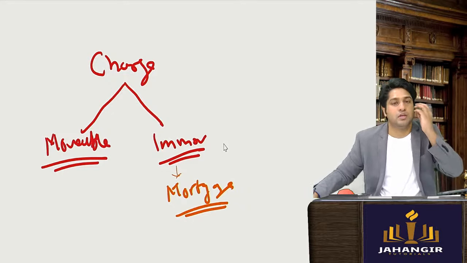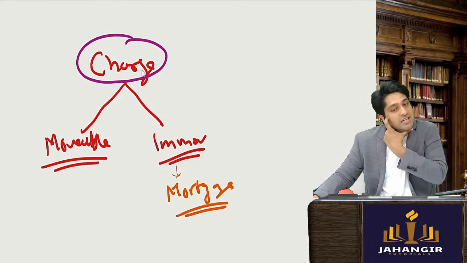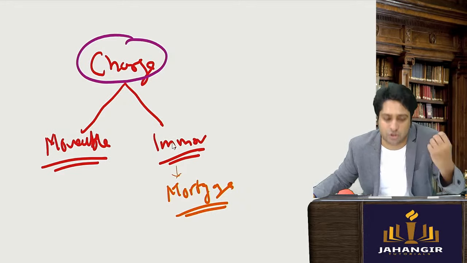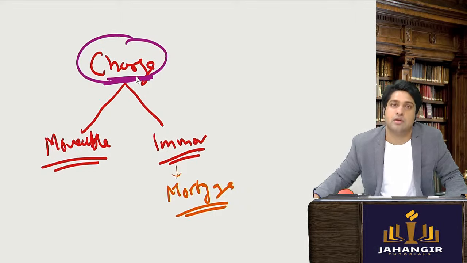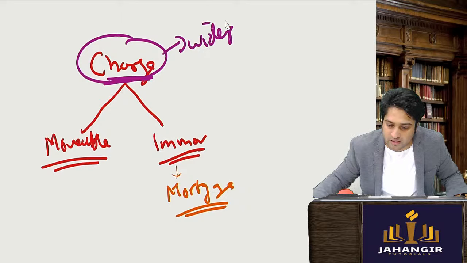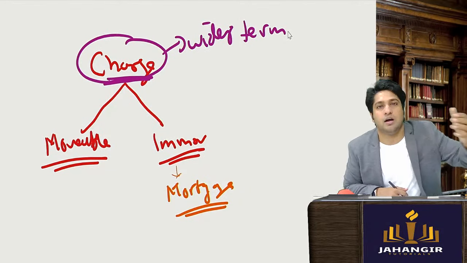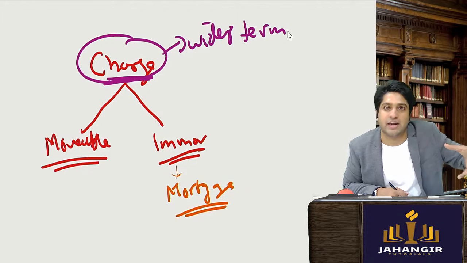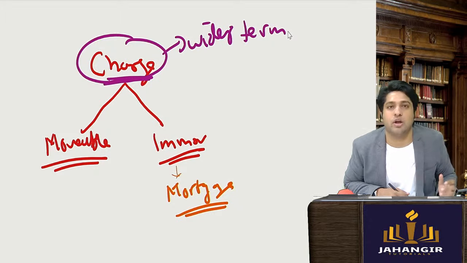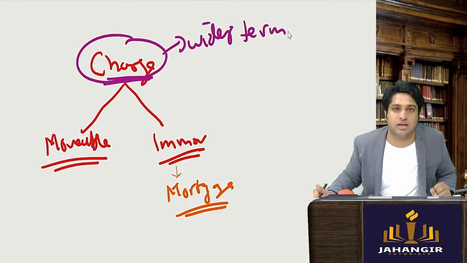Clear till here? So again, charge includes mortgage because whenever we keep an immovable property as security, it is a mortgage. But charge is a wider term. It includes movable property also. So I can keep my stock in trade goods as security. I can keep a car as security. I can keep my godown goods as security.